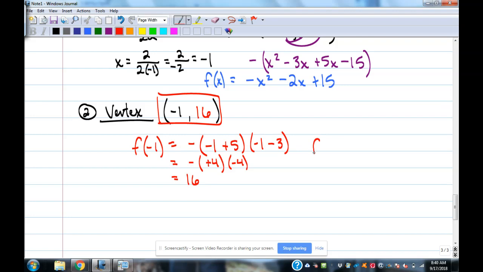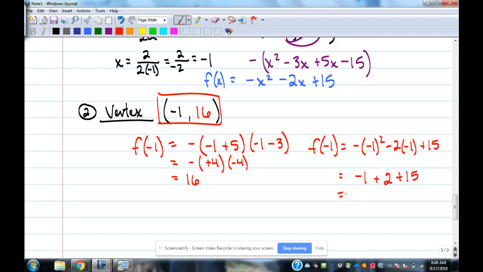If I plug that into the one where I'd worked that out, I should get the same answer. That'd be negative 1 plus, did I do that right? 3, not 3 plus 2.